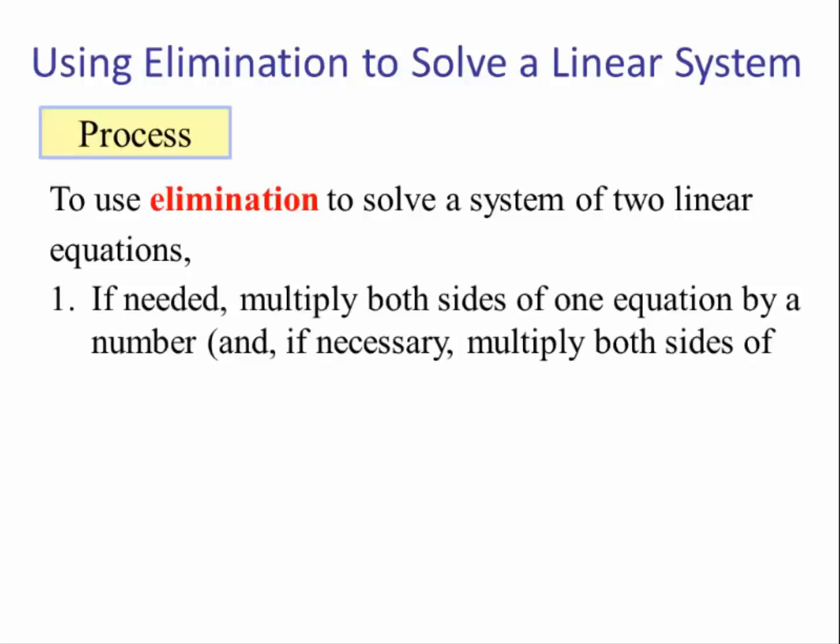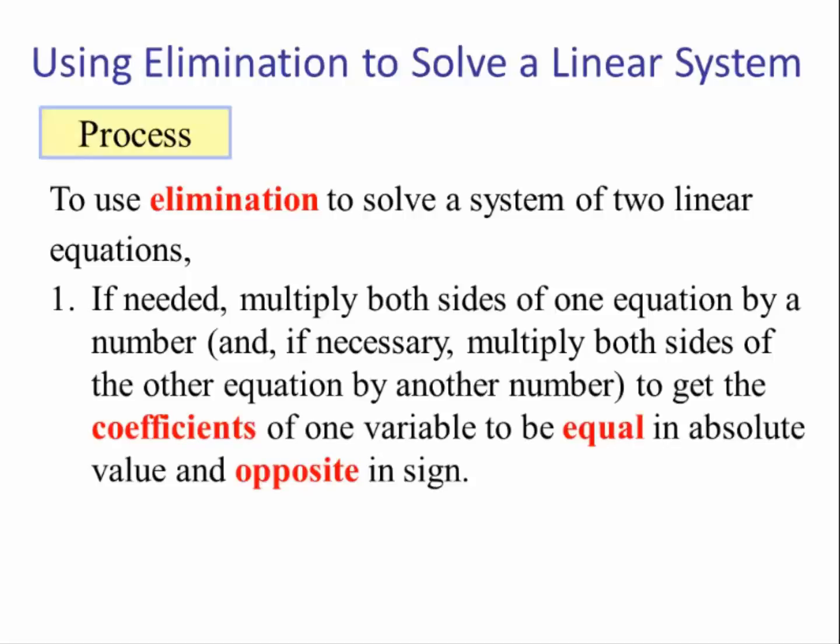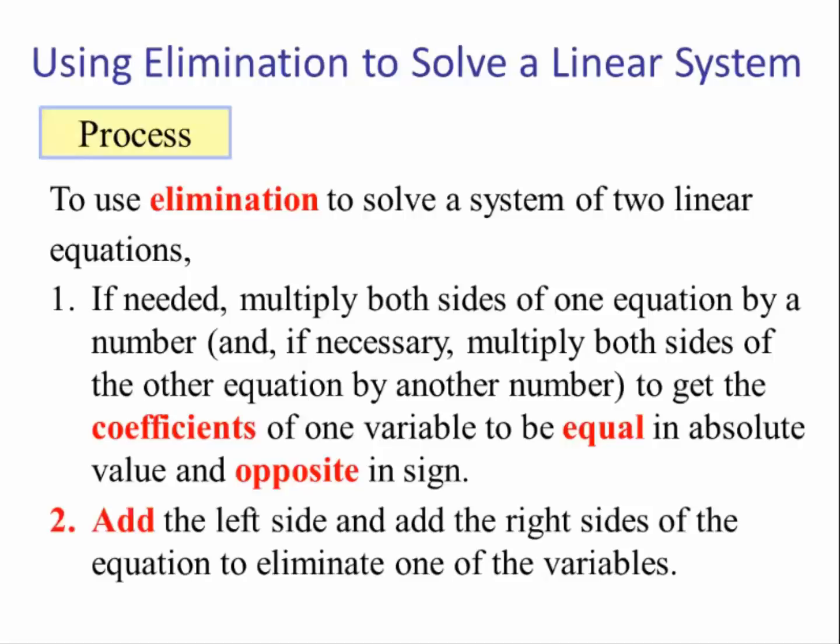Number 1, if needed, multiply both sides of one equation by a number, and if necessary, multiply both sides of the other equation by another number to get the coefficients of one variable to be equal in absolute value and opposite in sign. And that way, when we add the coefficients, it will be 0.